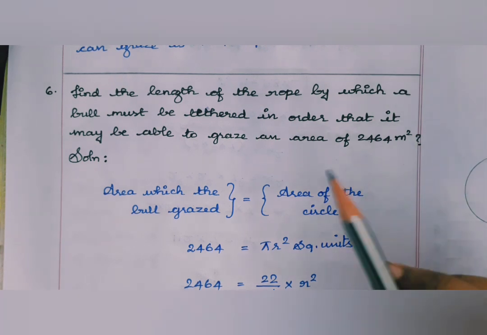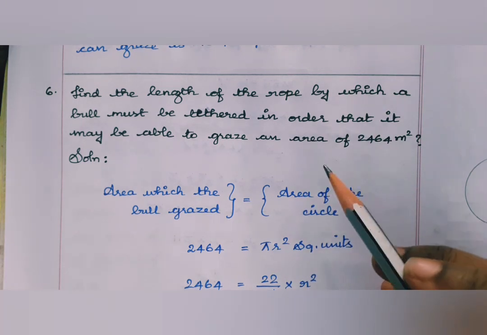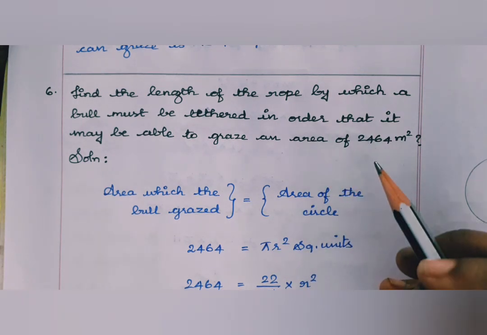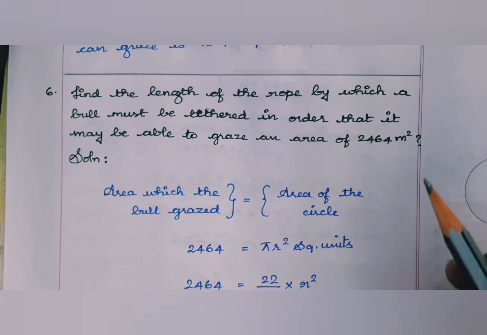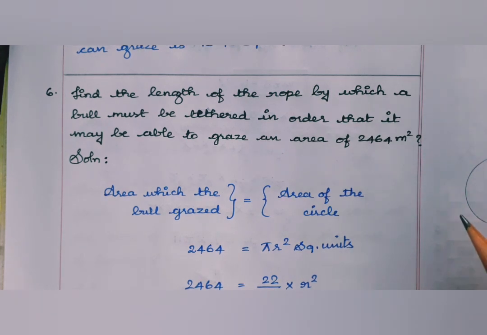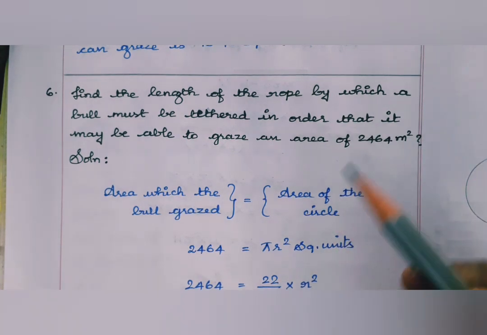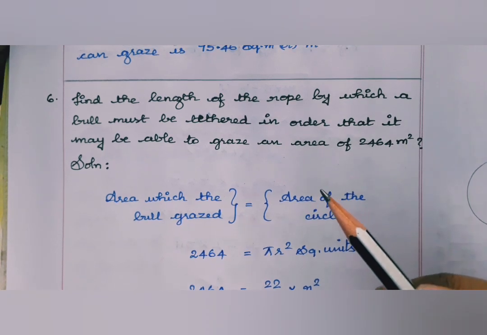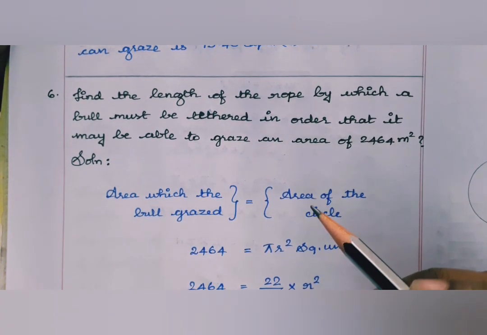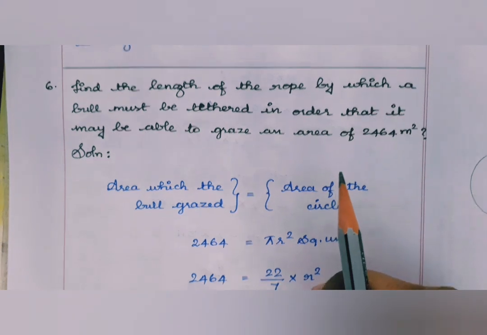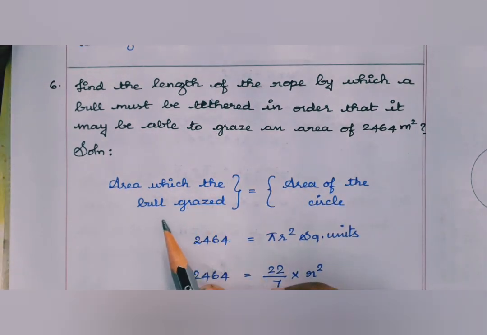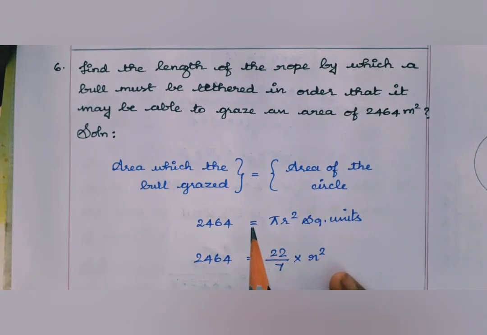The same way, if the bull is tethered with the help of the rope to graze the land, it also again makes the same circle, right? Now what is the thing is, there they have asked about the area, right? Here they have given the area and they are asking the length of the rope, okay? So area the bull grazed is equal to area of the circle, which we have already seen.